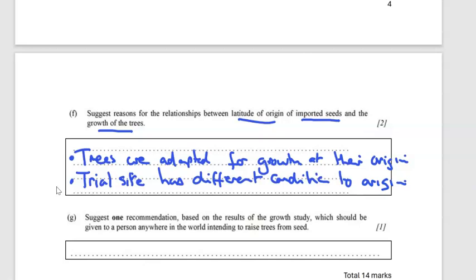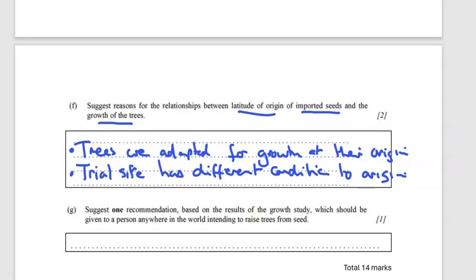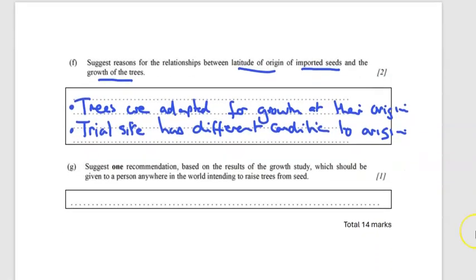And we can see from the data that where the seeds are originating from the south, taking them to the north, we get better growth, but where they've come from the north and we take them to the south to 57, we get poorer growth. But we've already established that pattern anyway, but that's the reason for it, that trees are adapted to their particular location, and the trial site is different to their location, except of course for the local trees of that area.